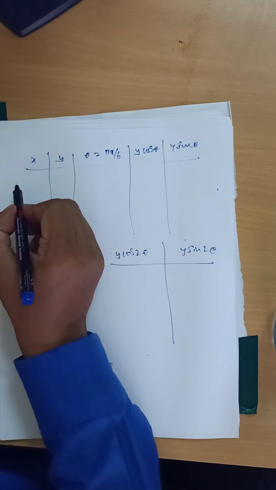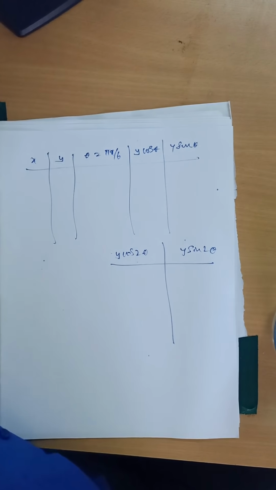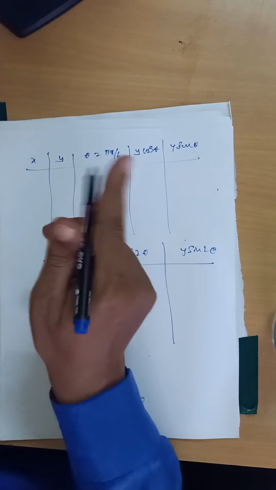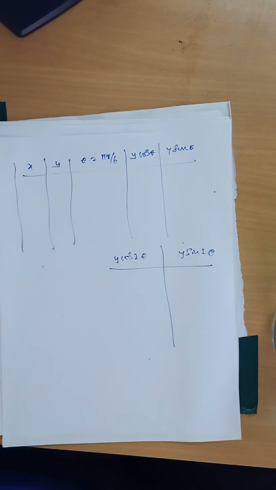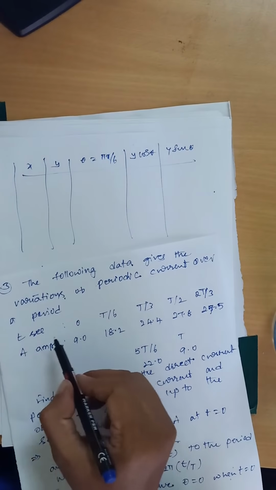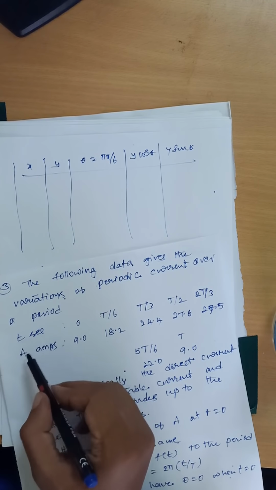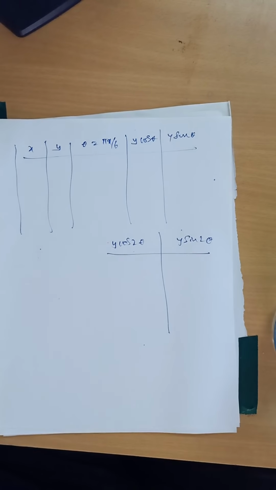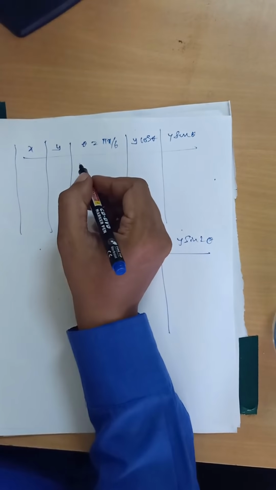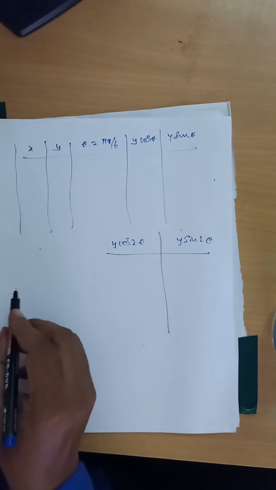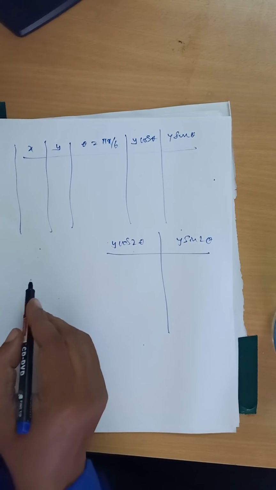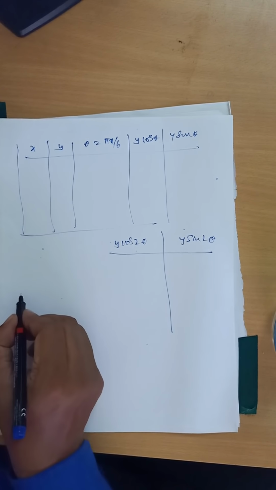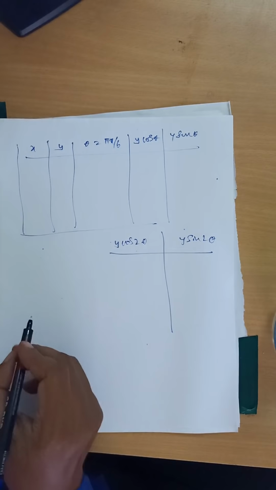So this problem is the same compared to the previous problem. You will get the same data. The only thing is, instead of x and y, here t and A amps are given. The table data is the same. You refer to the previous problem, where the table data is available.